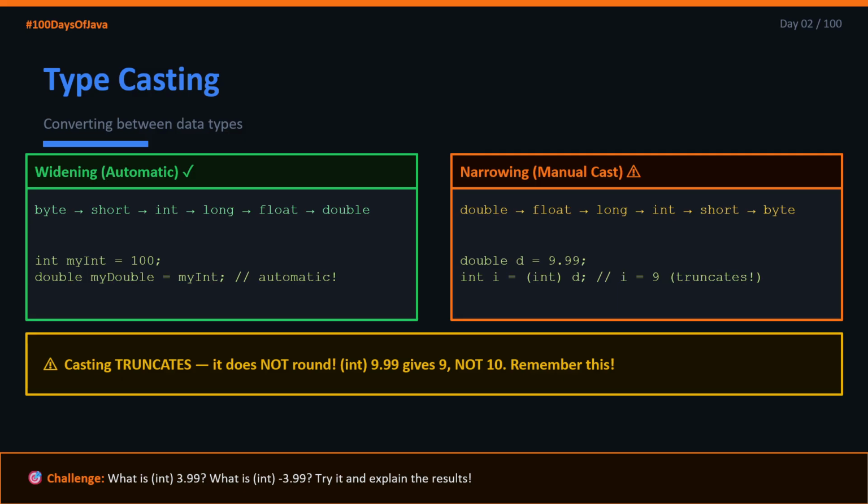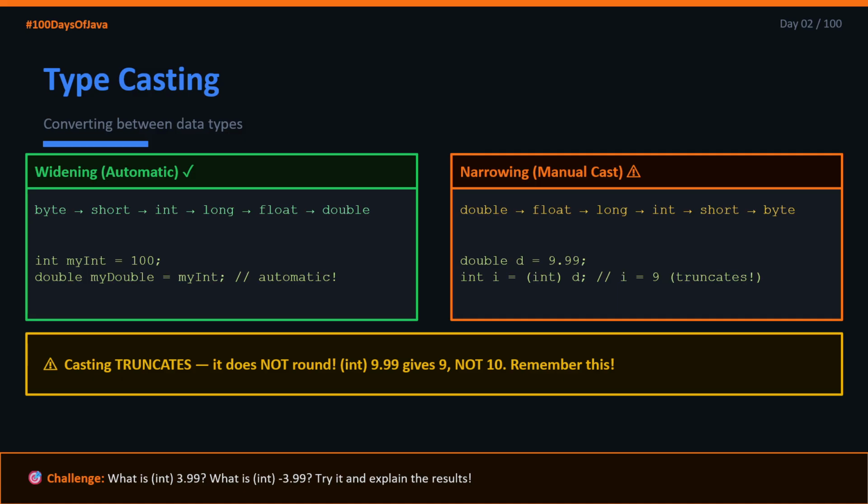No data is lost, like byte to short, int to long, float to double. It will do it automatically, and then it's called widening.